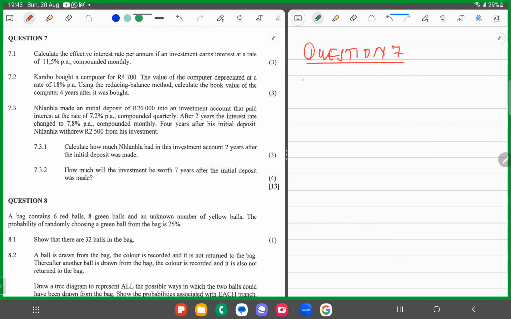Let's learn and revise financial mathematics. Okay, let's look at 7.1. Calculate the effective interest rate per annum if an investment earns interest at the rate of 11.5% per annum and it is compounded monthly.